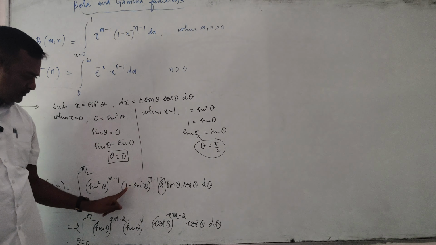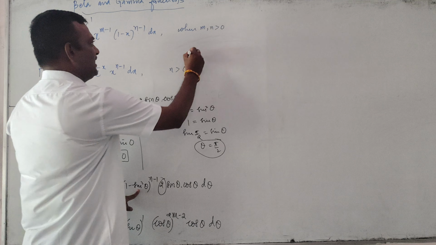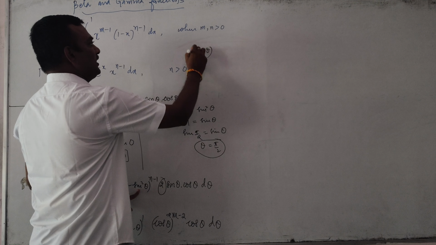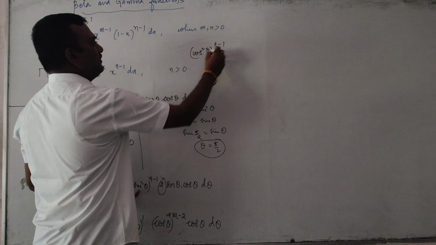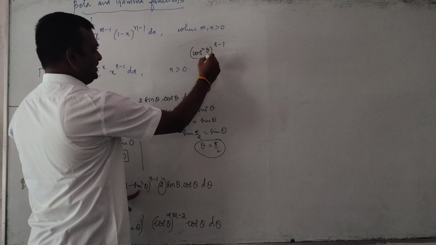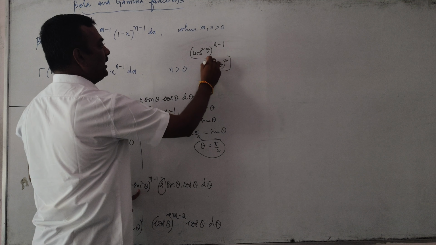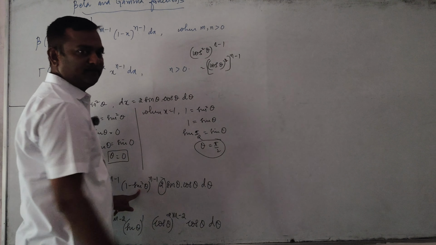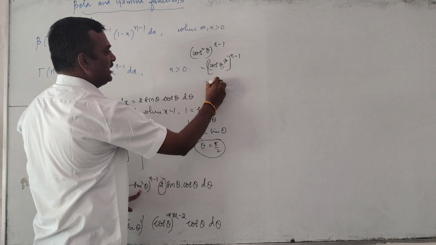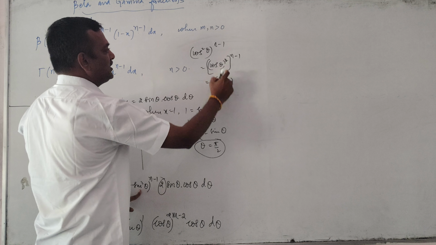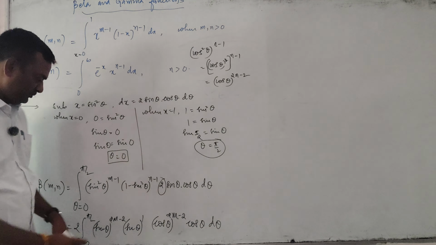Here I have written 1 minus sin square theta is cos square theta. I am writing here once again, just look at this. This is (cos square theta) whole raised to n minus 1. This is the same as ((cos theta) whole square) whole raised to n minus 1. You can multiply this. This will become (cos theta) whole raised to 2 into n minus 1, that is 2n minus 2.